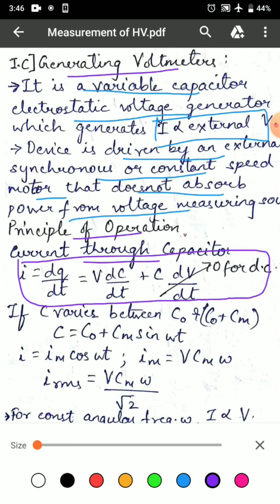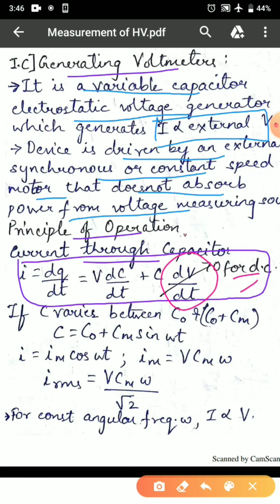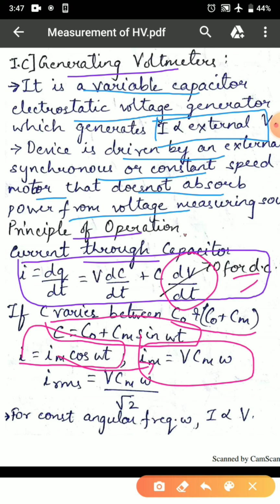is equal to V dC by dt plus C dV by dt, where for a DC source dV by dt goes to 0. If capacitor varies between C0 to C0 plus Cm in a sinusoidal waveform, then an equation of capacitor becomes C is equal to C0 plus Cm sin omega t, where current of sinusoidal waveform is I is equal to Im cos omega t, where Im is equal to V into Cm omega.